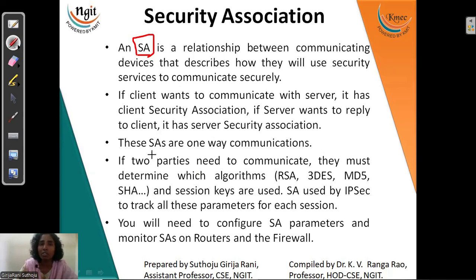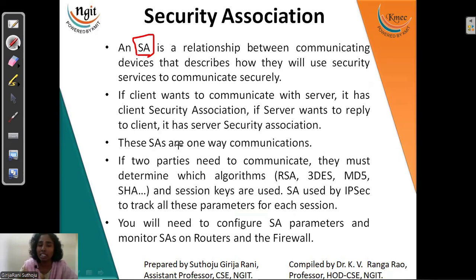Now, the second thing we have to know is that every time a client wants to communicate with the server, it has to intimate the security association. And at the same time, when the server wants to communicate, the server has to be associated with the SA first. That indicates that both client and server must be in association with the SA.